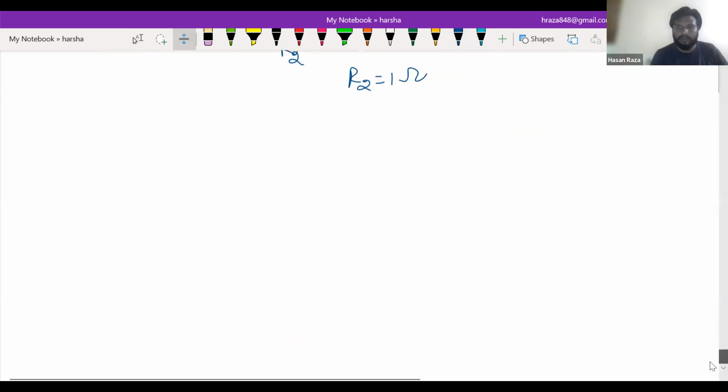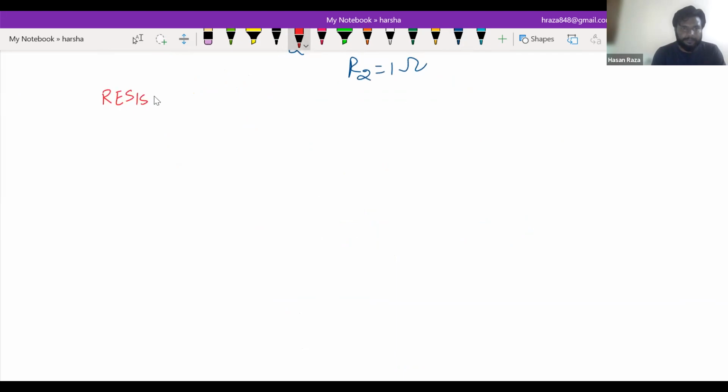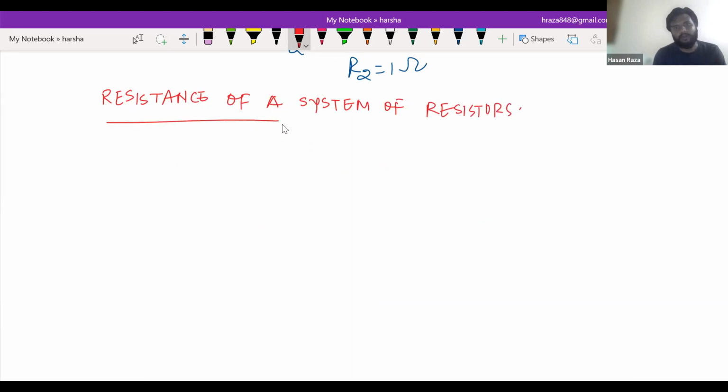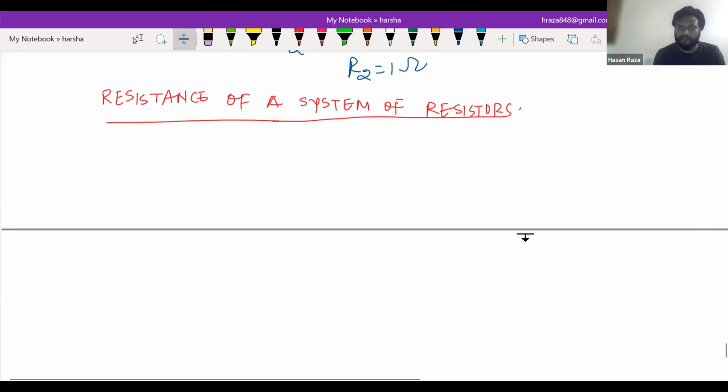Now we are going to see a new topic, that is resistance of a system of resistors.